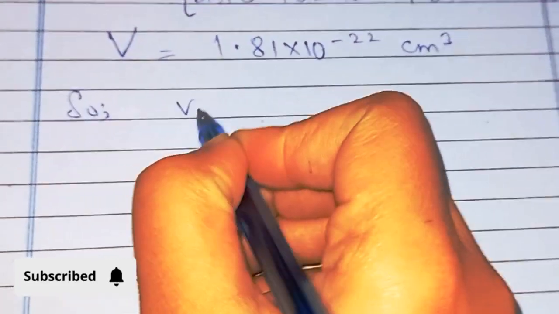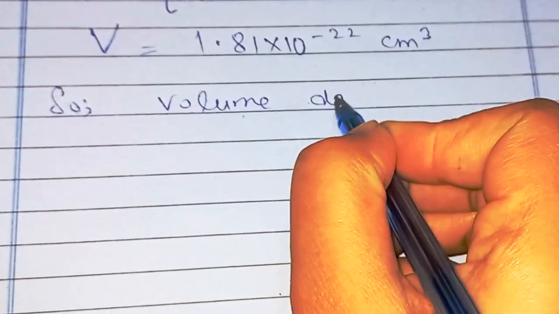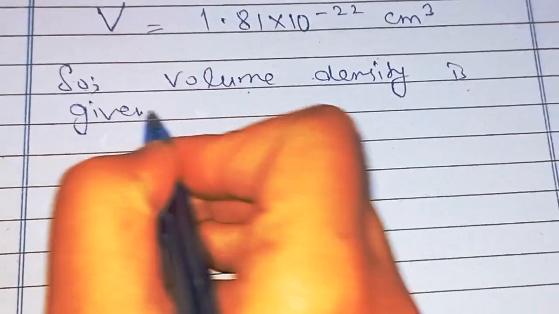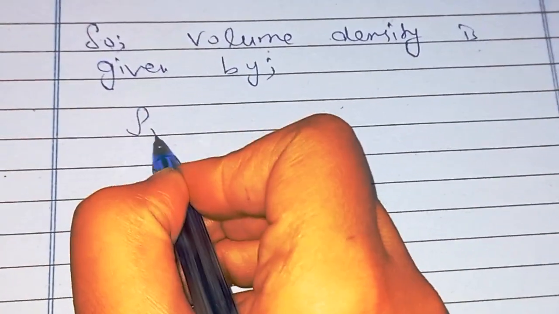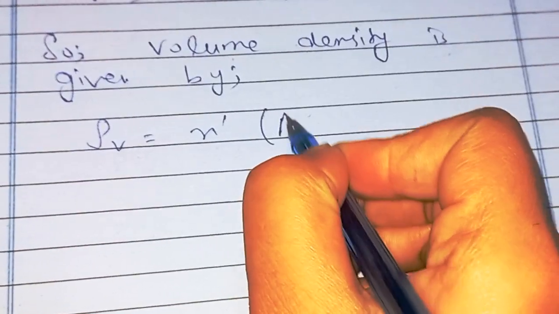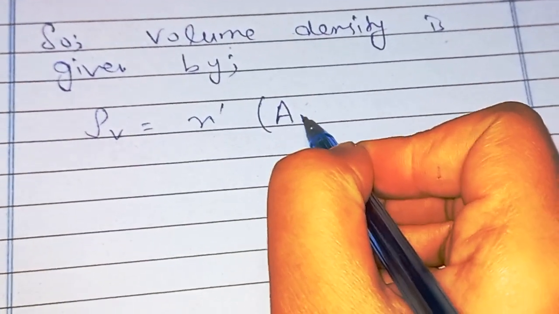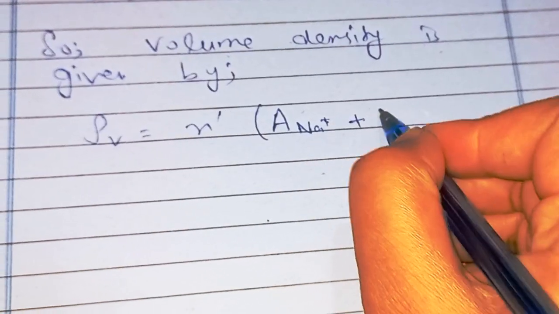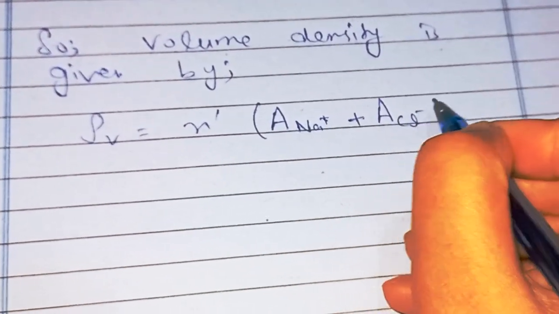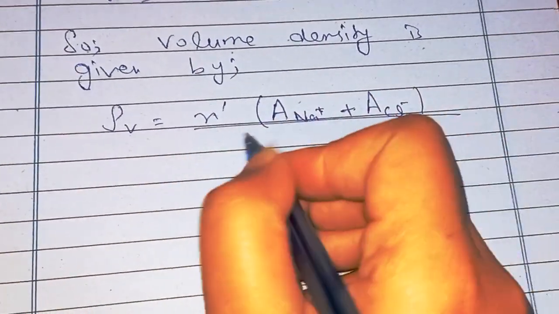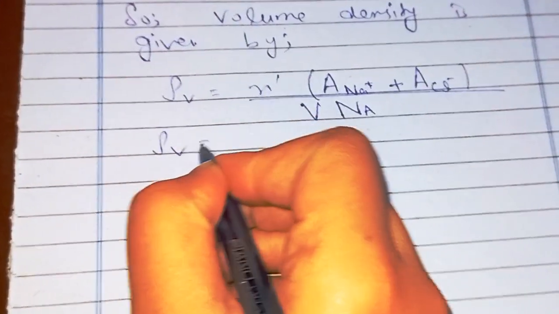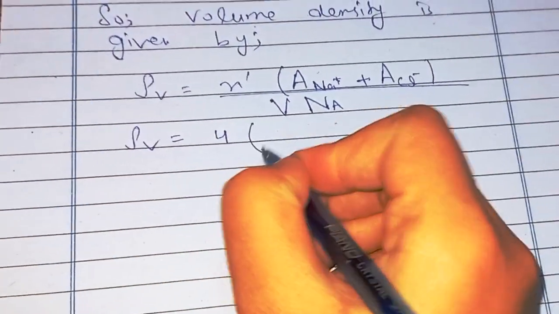So volume density is given by rho_v equals n prime times the atomic weight of the sodium and chloride ions, we write it in ionic form because they are cations and anions, divided by volume times Avogadro's number, and we have n prime to be 4.